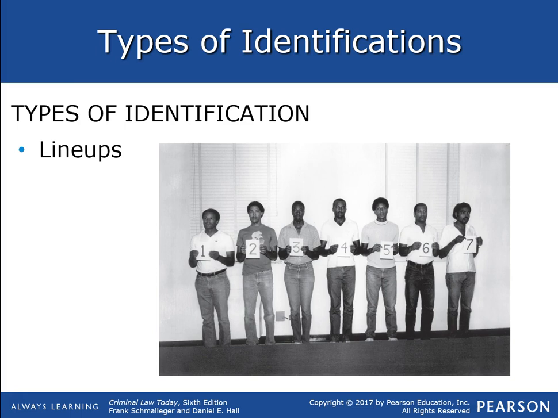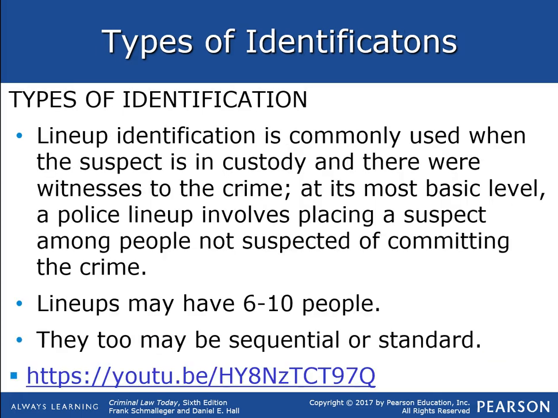And then the last type of ID that we'll talk about would be an actual live lineup. This is where a group of individuals are brought together, and the victim or the witness views them live in a room. It's commonly used, of course, when the suspect is in custody and there were witnesses to the crime.